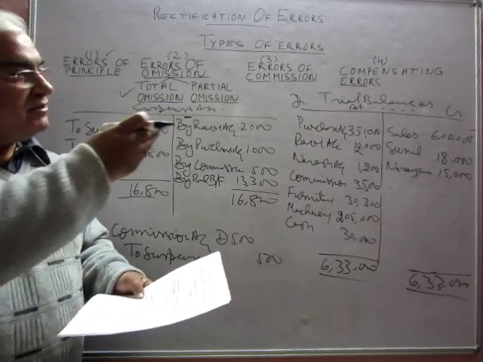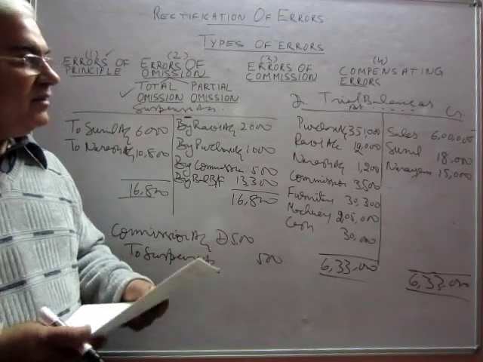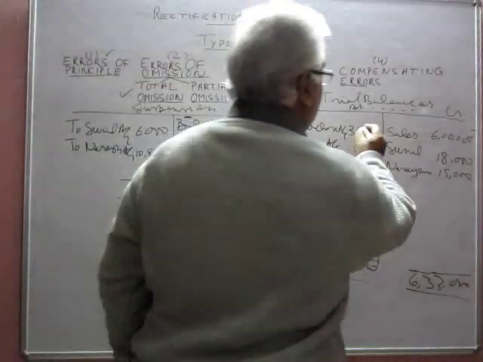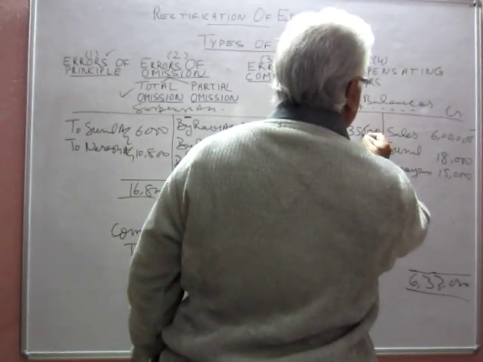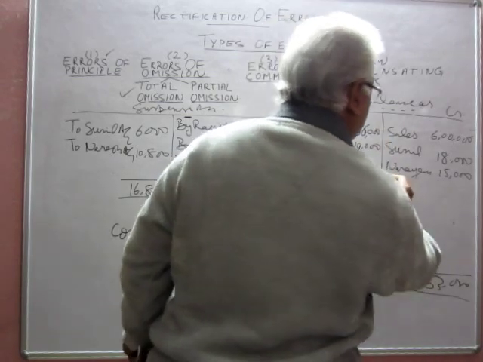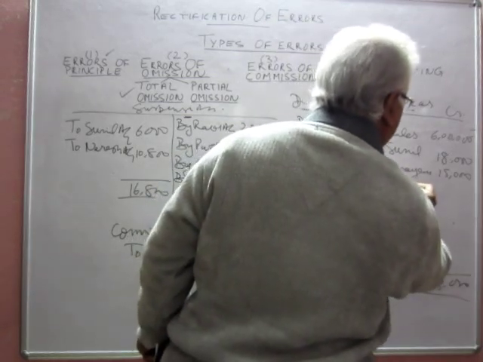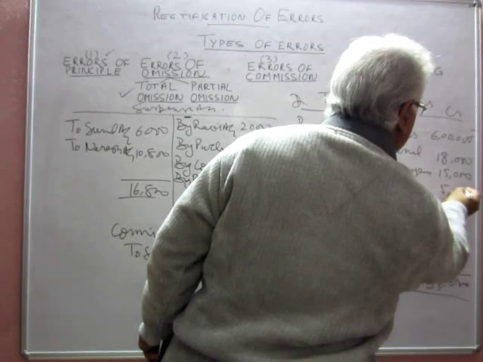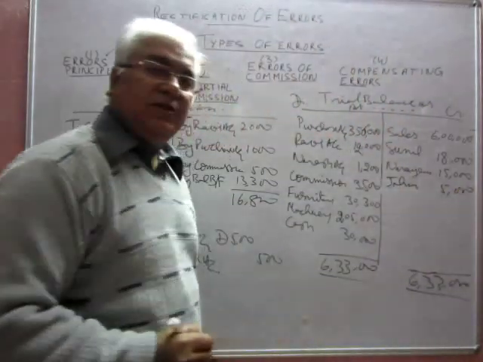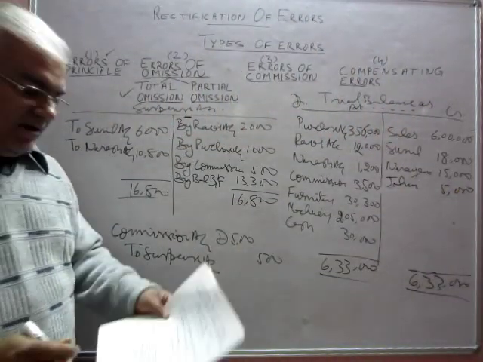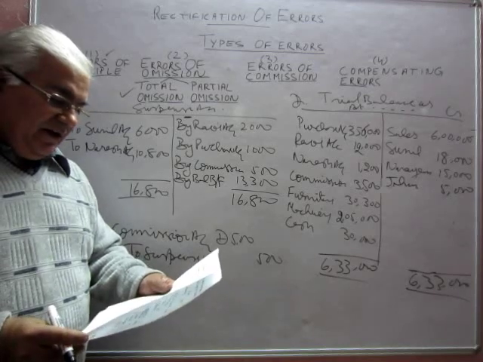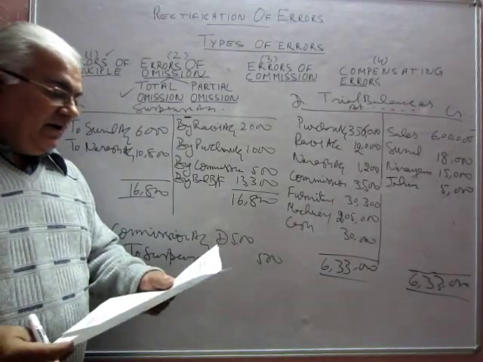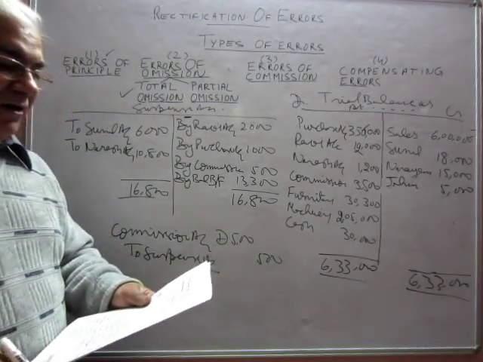With this, your purchases will increase by 5,000. That means it will become 3,56,000. And John account will appear on credit side as 5,000. Okay? Let us see if there are other mistakes which can be of this kind.